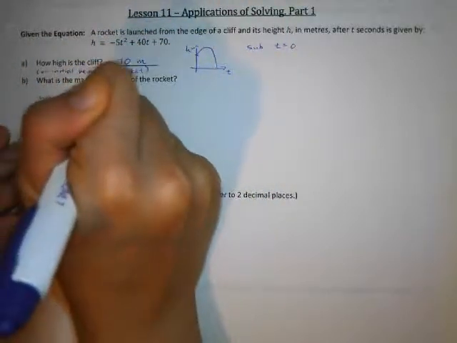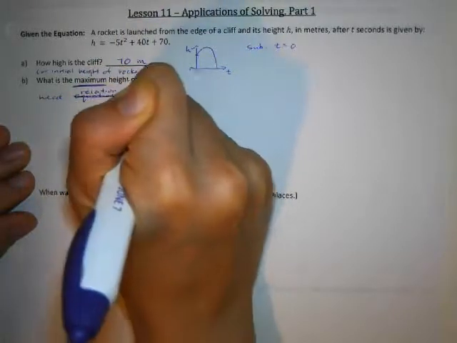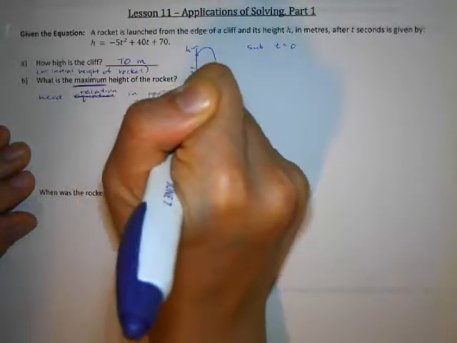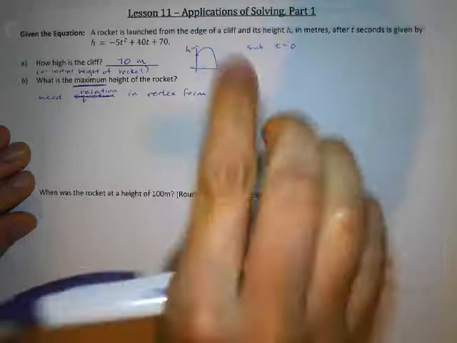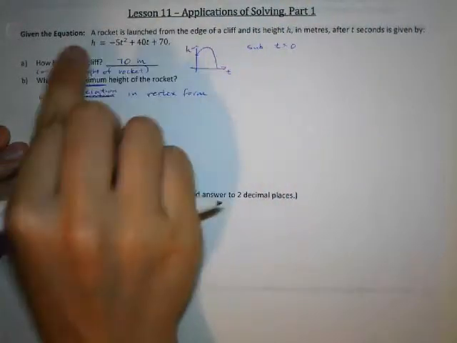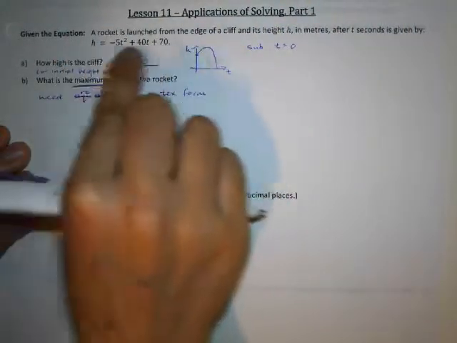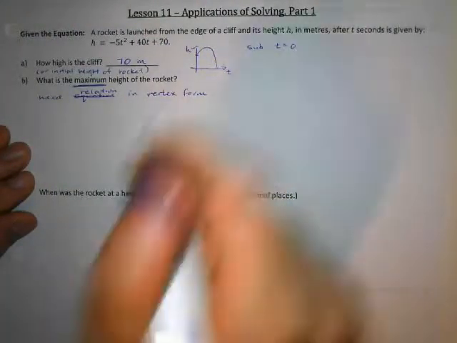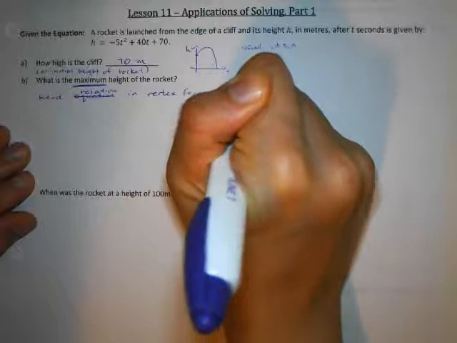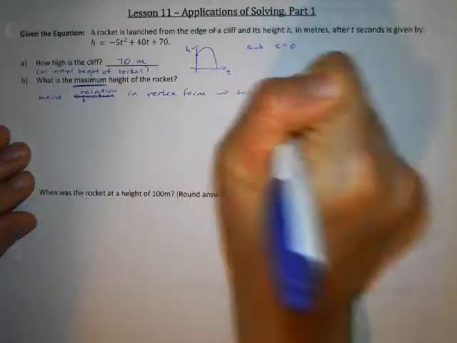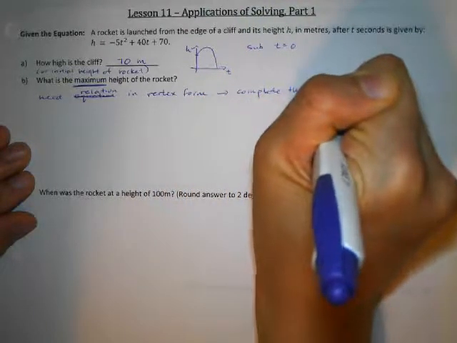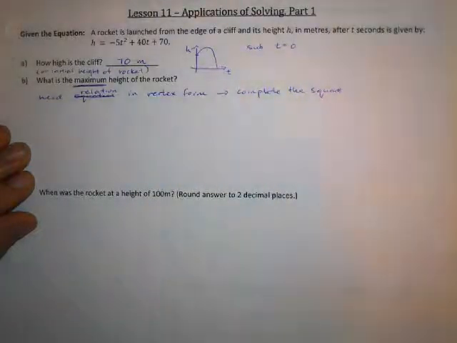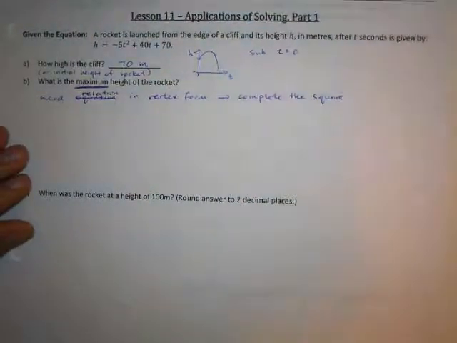We need a relation in vertex form. But the relation that's given to us is in standard form. So if you want to go from standard to vertex, that means we have to complete the square. Okay, so let's complete the square.